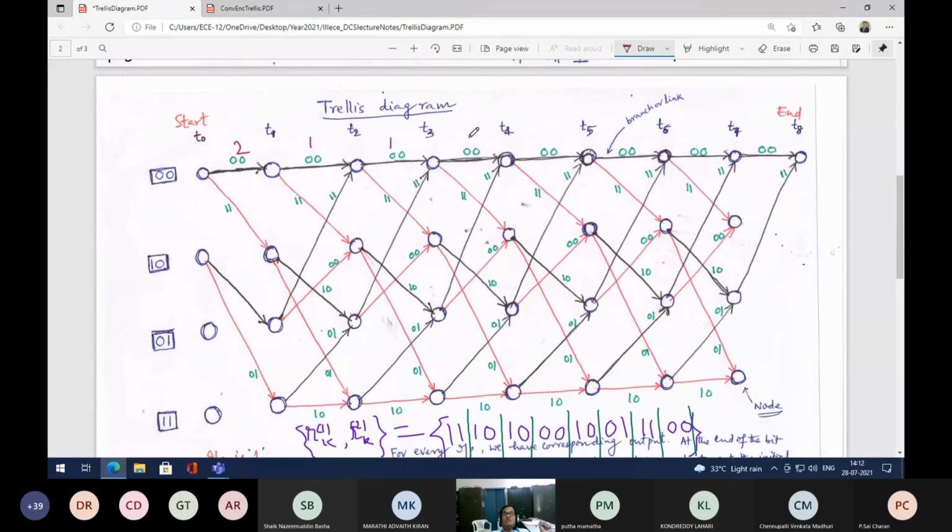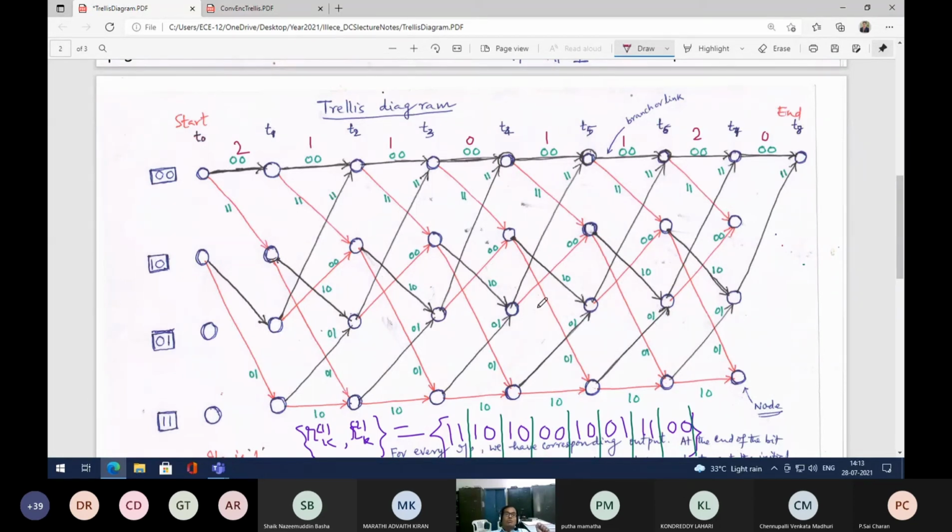Here also, how much? 0, sir. Very good. 0. Then here 1. And then this is 1. And here, tell me. 2. Very good. This is 2. And this is 0. So likewise, I have to find out the Hamming distance and label each branch or link with it. You have to do that exercise for the complete Trellis diagram.